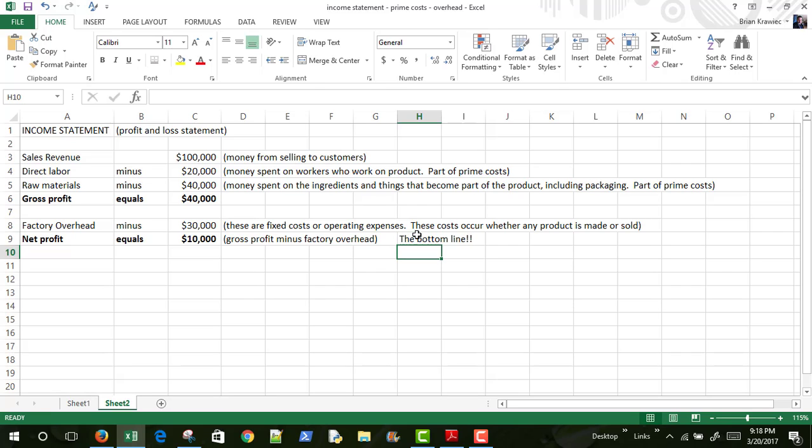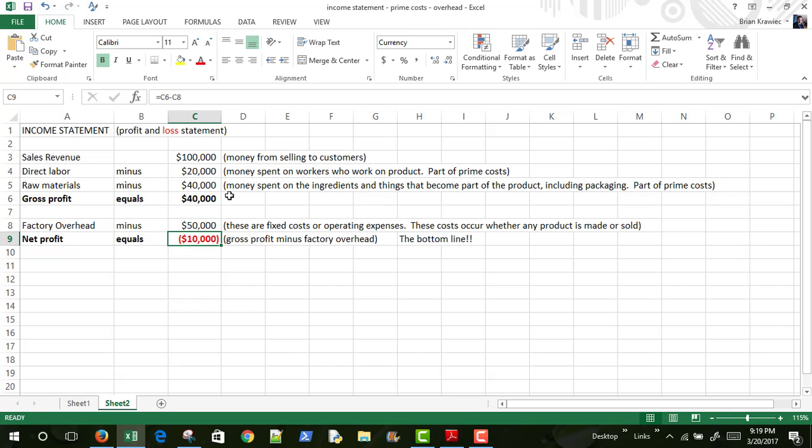Okay, net profit. We can have a nice big gross profit of $40,000, but if our factory overhead, let's just take an example, is $50,000, then I have what they call being in the red. It means it's a negative number. So that 40,000 minus 50,000 would give us a negative net profit, which is actually a loss, profit and loss. Okay, so a loss would be a red number. A loss is a negative number.